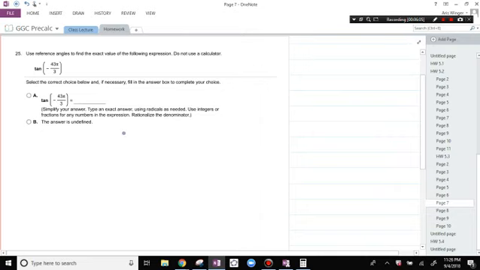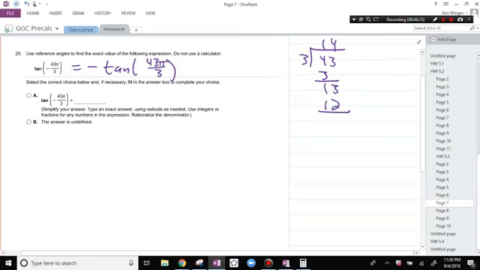Negative 43 pi over 3. We'll do the same thing. Again, it's tangent, so you can just pull out the minus sign. 43 pi over 3. 3 goes into 43, 14 times, 3 times 14 is 42, remainder 1. 43 pi over 3 is really just 14 pi plus pi over 3.